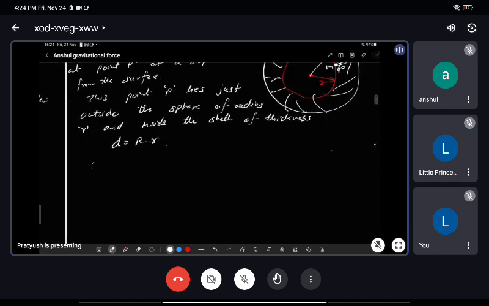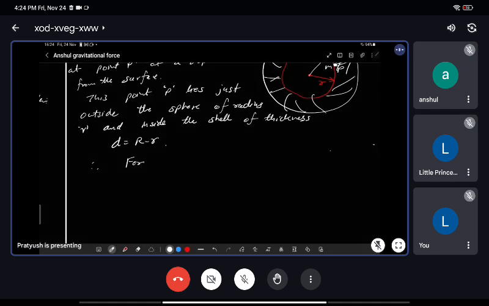What will be the force due to this small r? Therefore, force due to sphere of radius small r: F equals G small m into the mass of the sphere of small r radius upon r square. Now the density of Earth is rho.